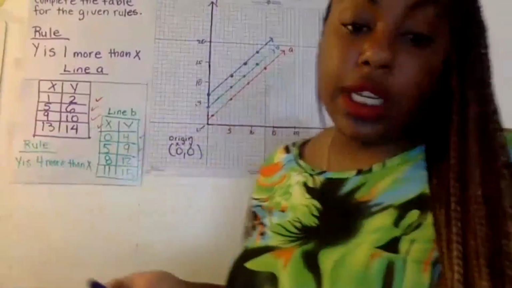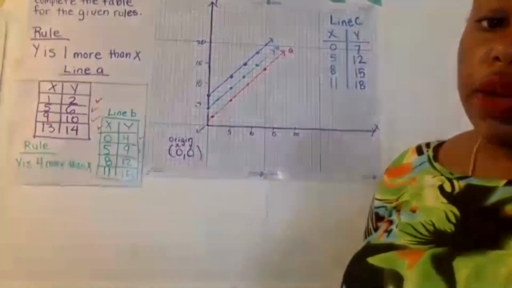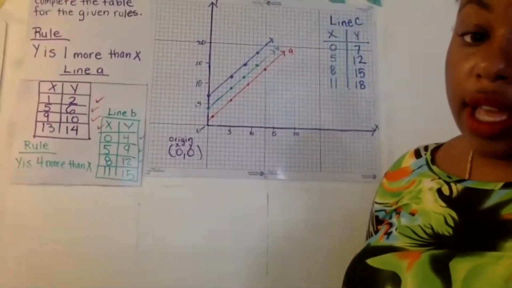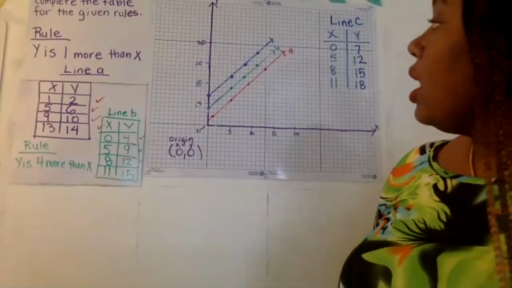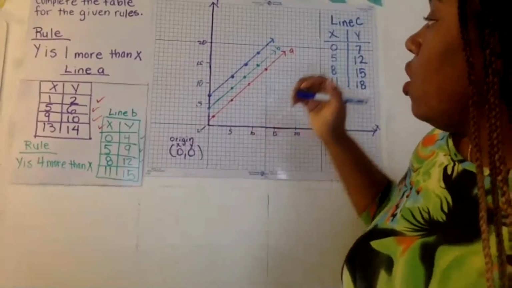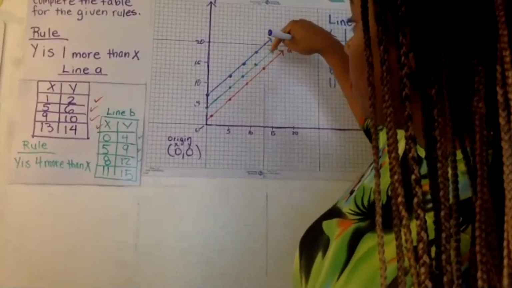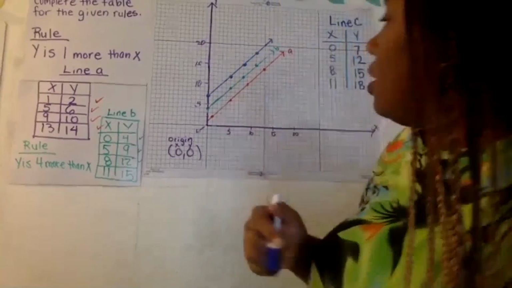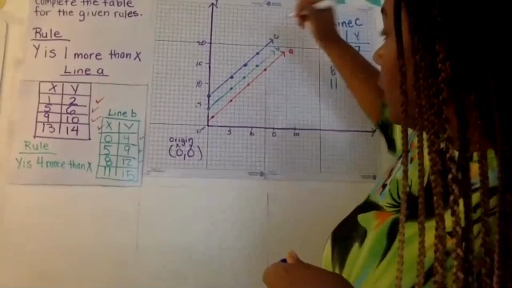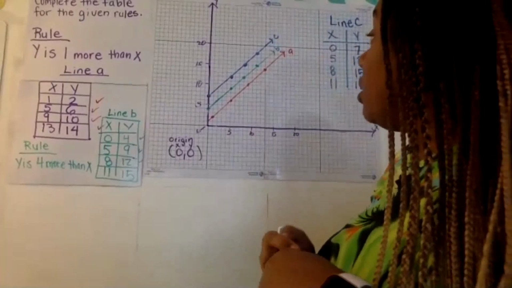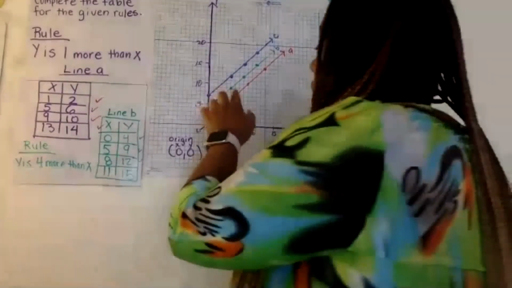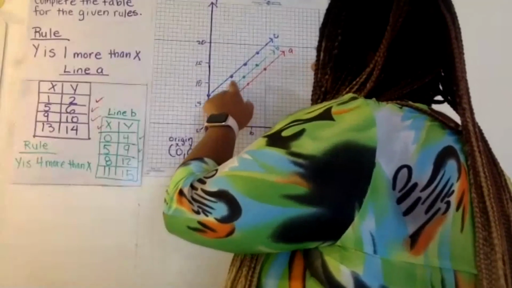I want you to predict whether C will be parallel to both lines A and B. Remember, as long as the distance is 3 from line B to line C, and they never meet, they're parallel. So let me count: 1, 2, 3.